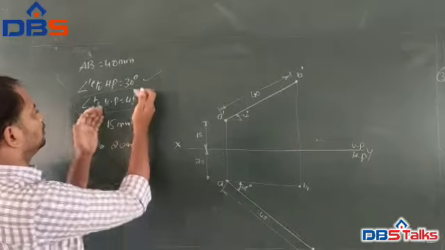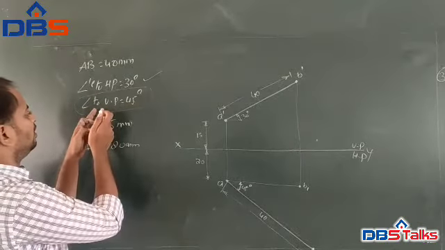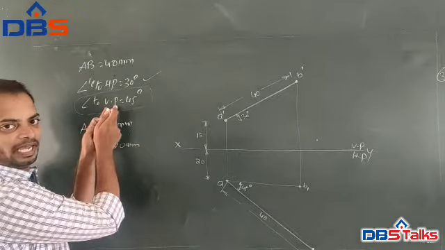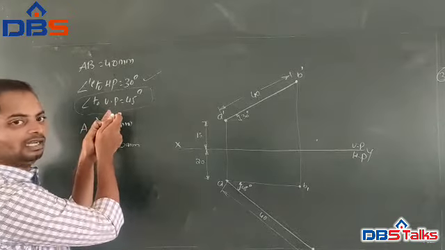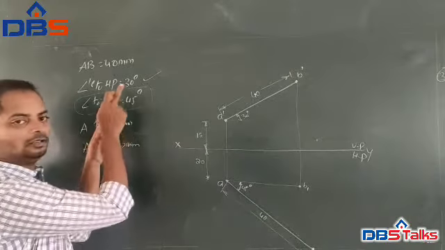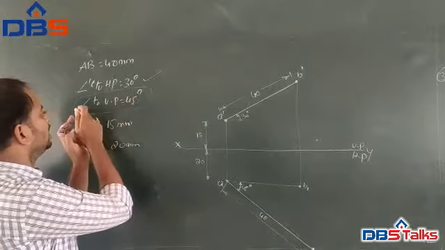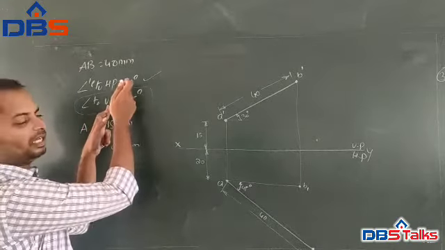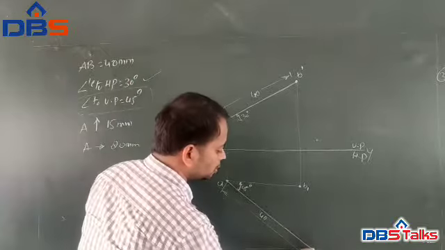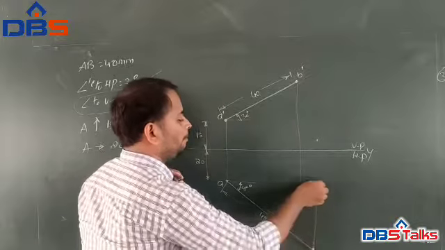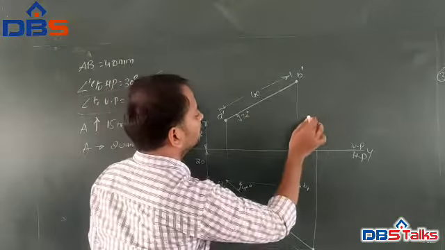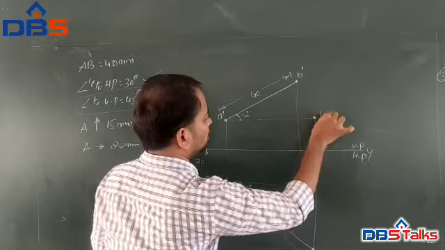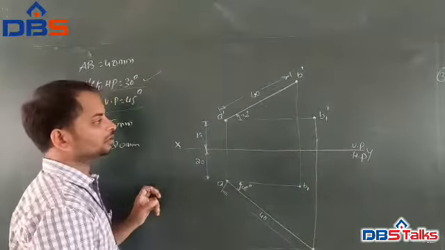Now, whenever the line is inclined to one reference plane, it is automatically parallel to the other plane. So here it is inclined to the vertical plane, so with reference to HP it is parallel. So draw a parallel line with respect to it.